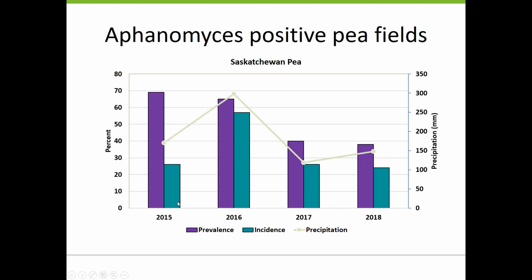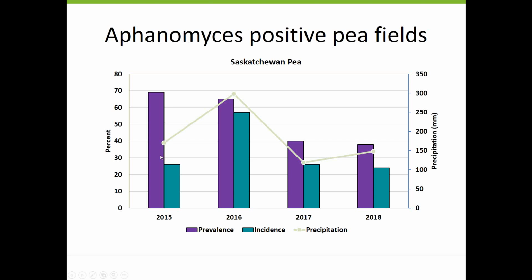And what we can see is that for the most part, the prevalence and incidence numbers are following that precipitation level. The prevalence numbers here in 2015 are a little bit skewed, and that's because it was the first year that we did the surveys in Saskatchewan, so we were particularly targeting fields that we thought might have a problem with Aphanomyces.